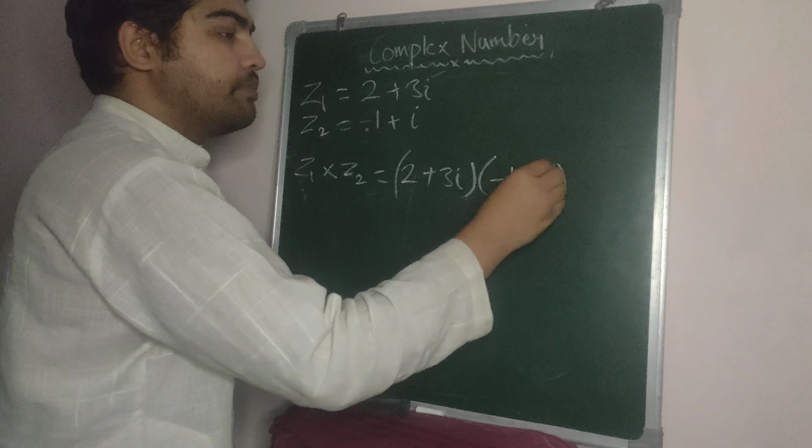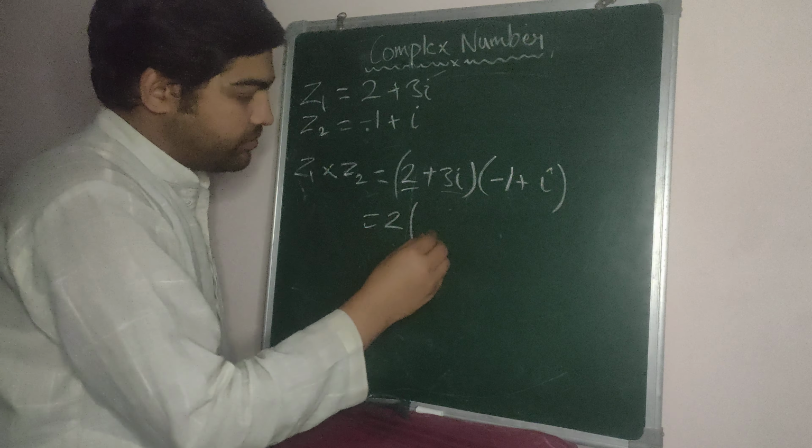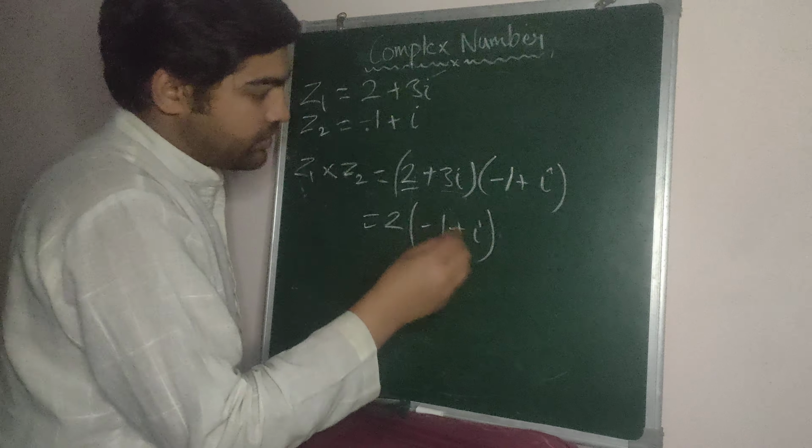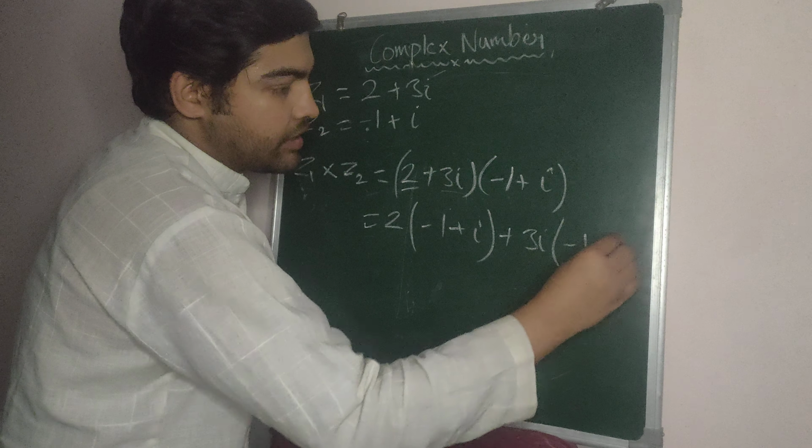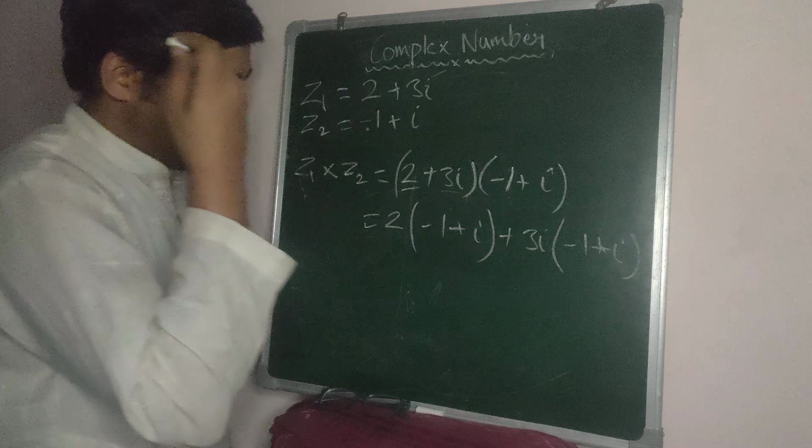Multiplication should be easy. Multiplication is similar to the multiplication of real numbers. So first we multiply 2 with the whole bracket, and after that we multiply 3i with the whole bracket. 2 into minus 1 plus i plus 3i into minus 1 plus i. Now multiply.